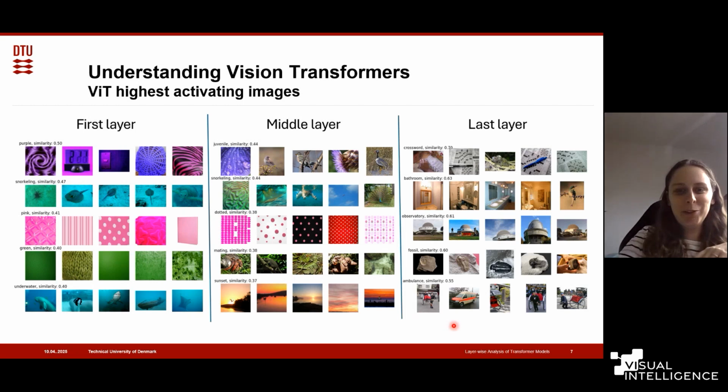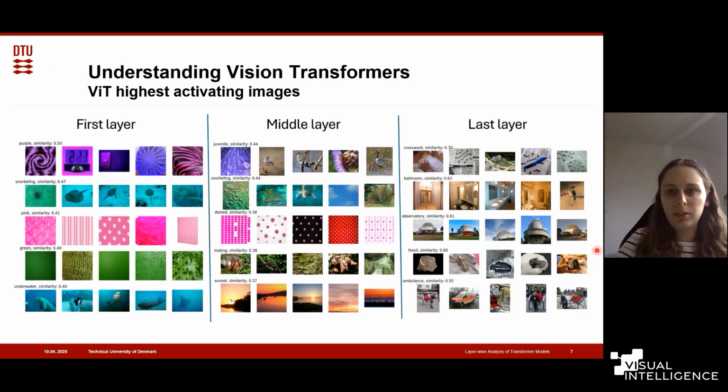And when we go to the last layer, you can definitely see a big difference where we moved from colors and patterns more to actually objects or more complex images. So we have some bathrooms, some crossword puzzles. Here we have an observatory. So what kind of images the neurons react to changes quite a lot throughout the layers.